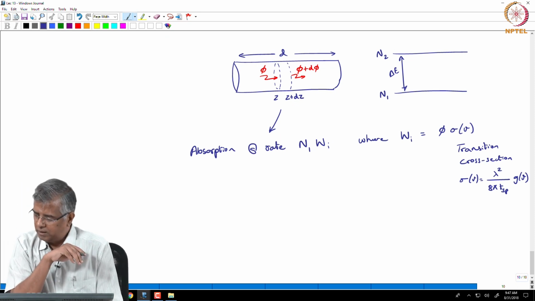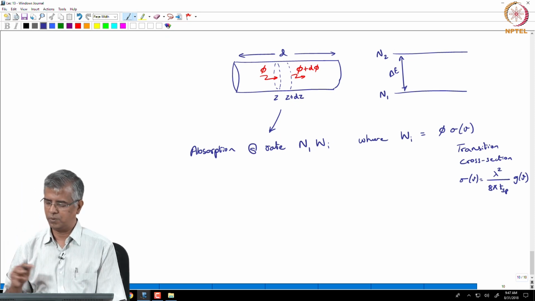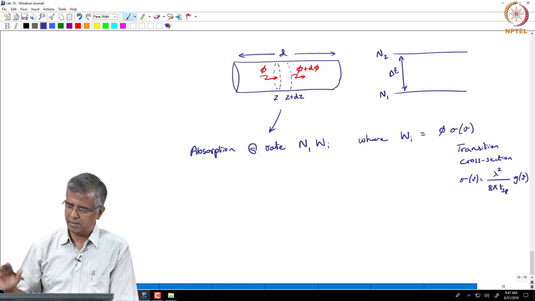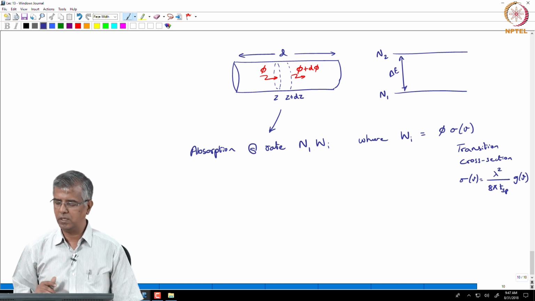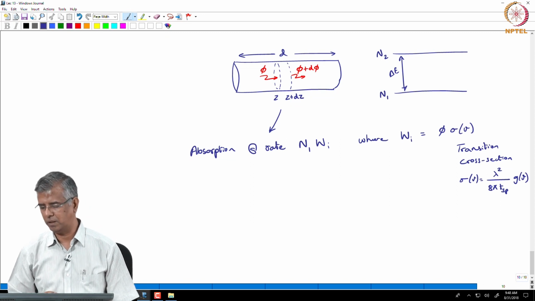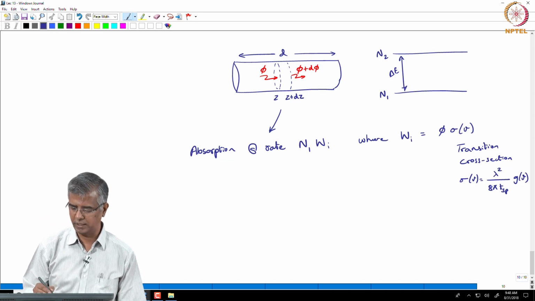We will come back and look at some specific examples on that later on, but the key thing is there is some transition cross section which determines the rate at which absorption takes place.